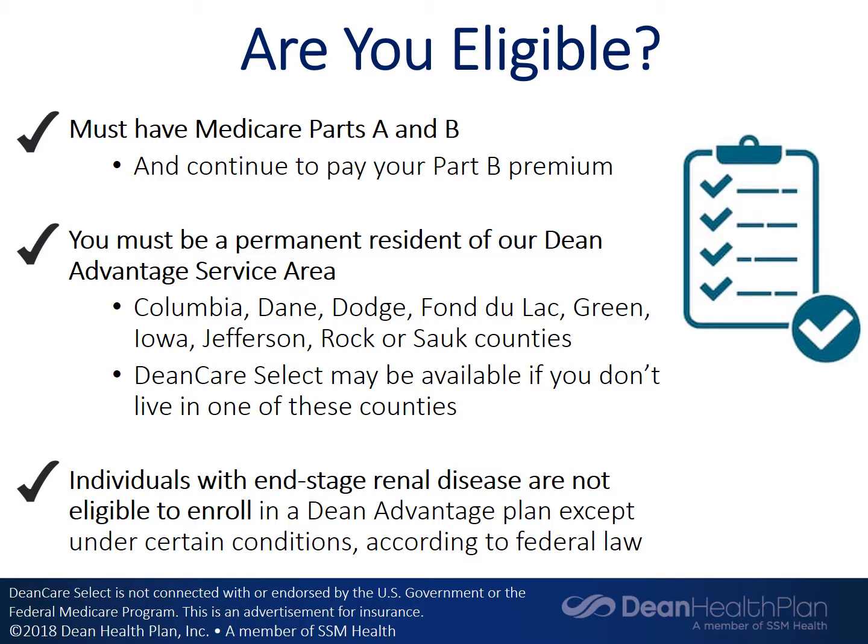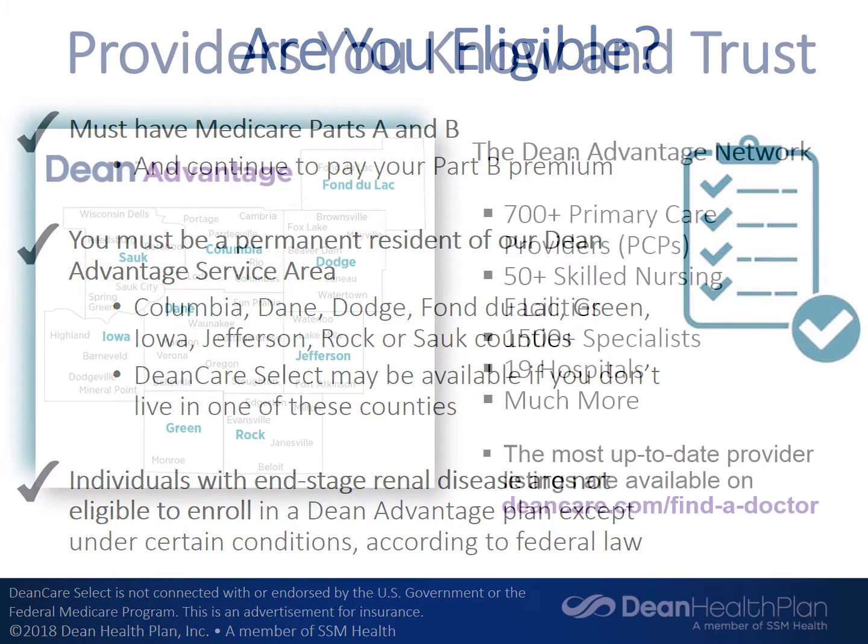And you can only be out of the servicing area for 6 months or less. Individuals with end-stage renal disease are not eligible to enroll in a Dean Advantage plan except under certain conditions according to federal law. For details, please contact a Dean Health representative or visit Medicare.gov.